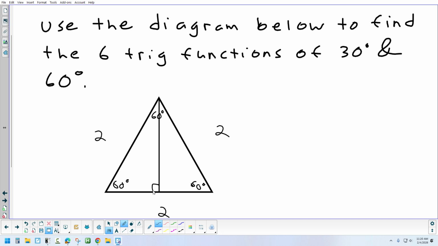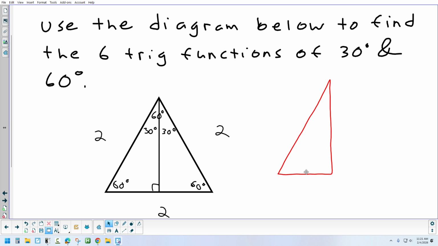What else do we know? Yep. The 2 angles at the top are both 30. So now we're focusing on this triangle right there. What else do we know about that red triangle?